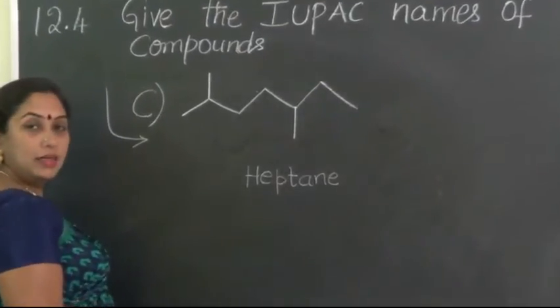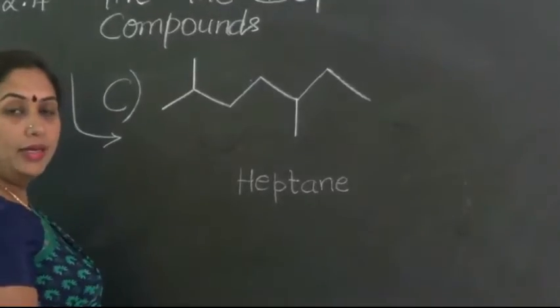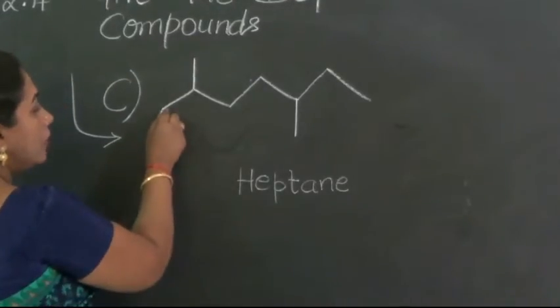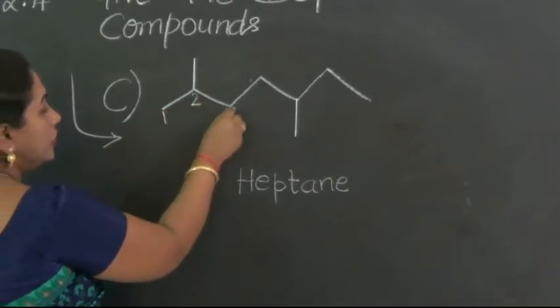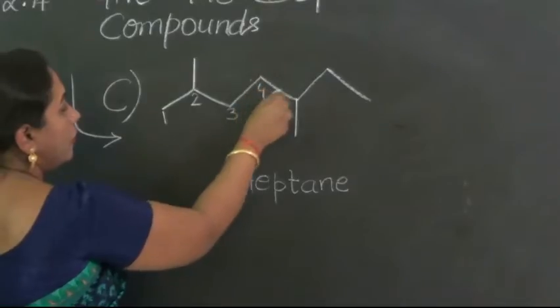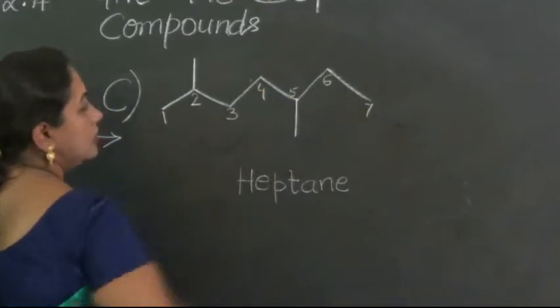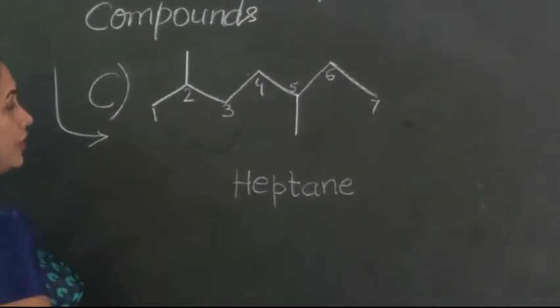So which is lesser number? 2 or 3? Yes, again it is 2. So therefore let us start giving the locant from this end. 1, 2, 3, 4, 5, 6 and 7. This is how the locant has to be allotted for this structure.